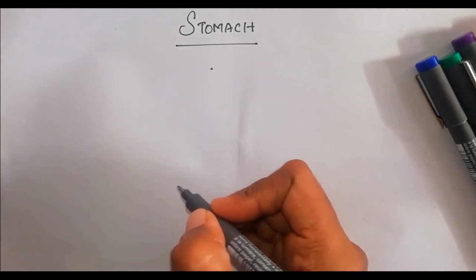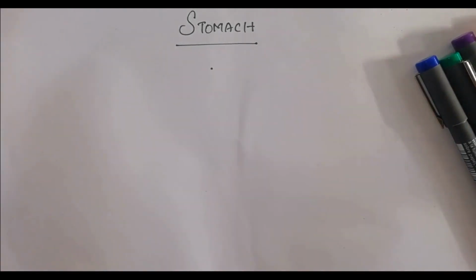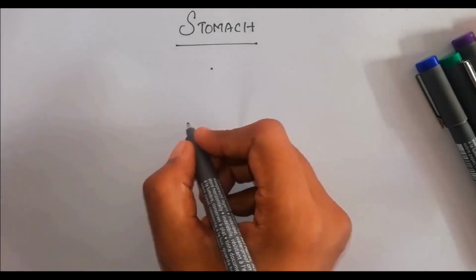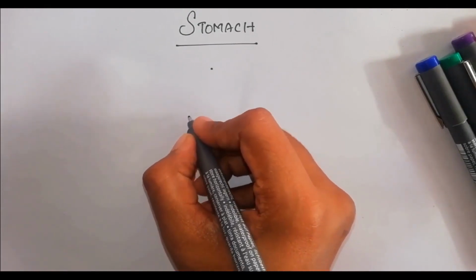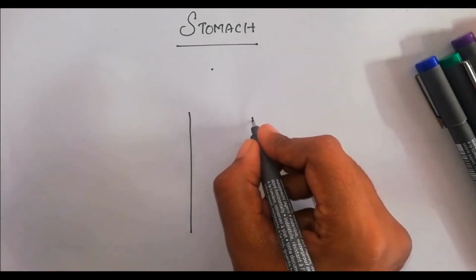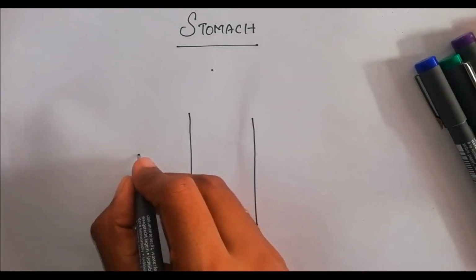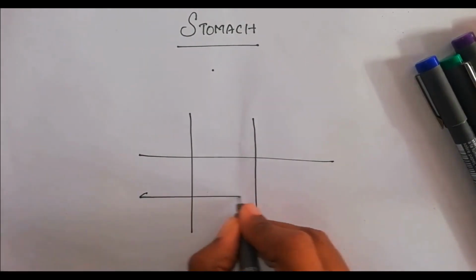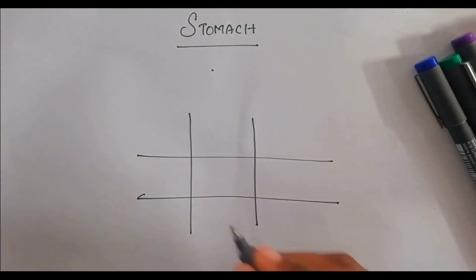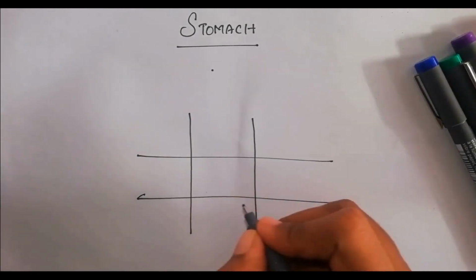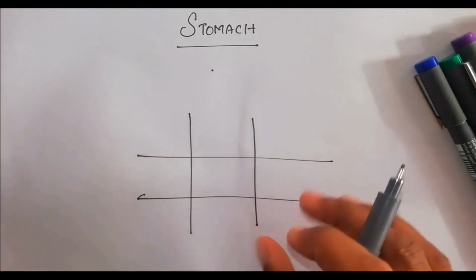You know, in our abdomen we have 9 regions which are divided by 4 lines. We have 2 lines passing vertically, and 2 other lines passing horizontally. These 9 regions carry some organs according to their places.